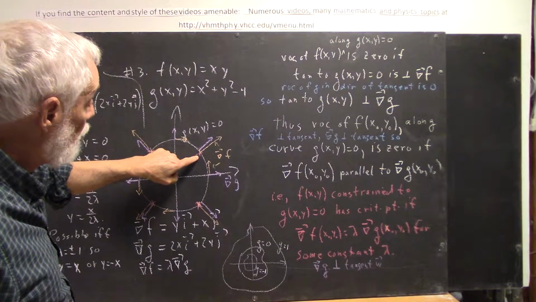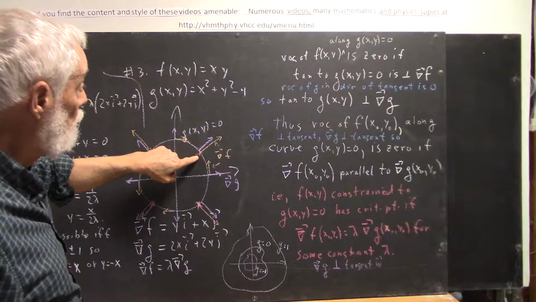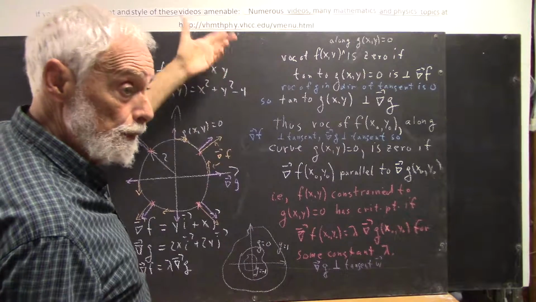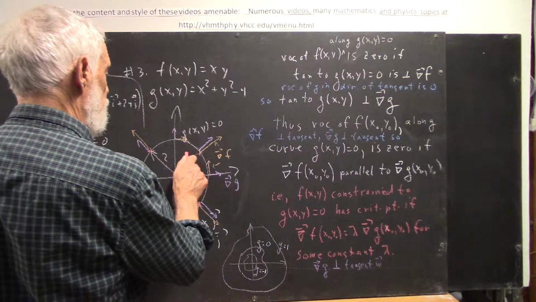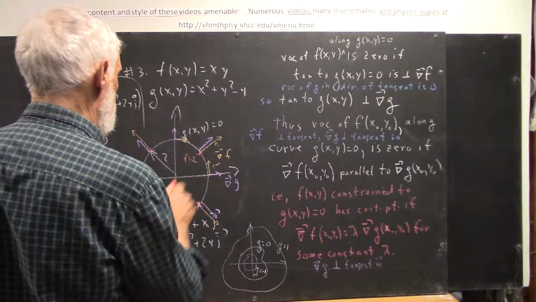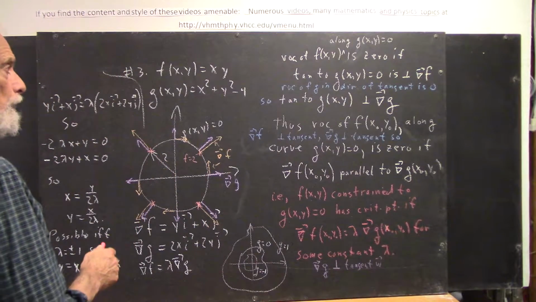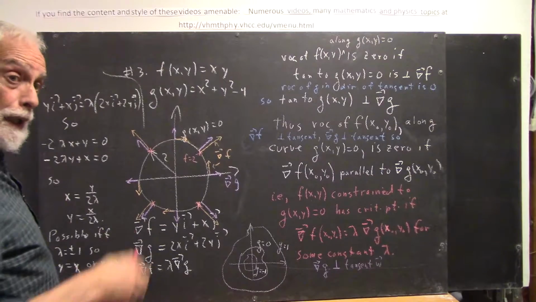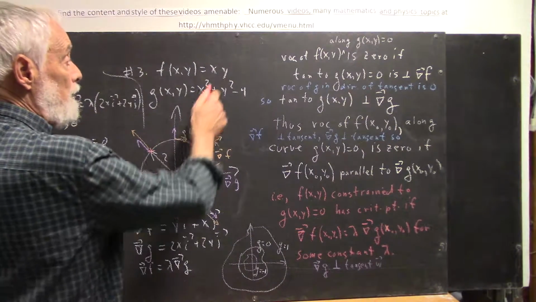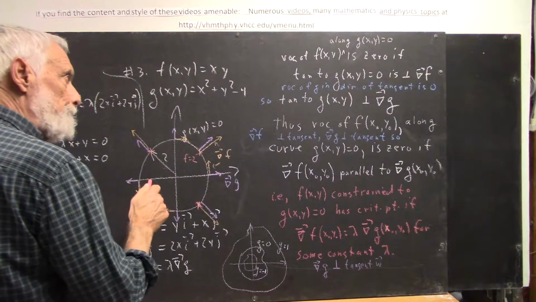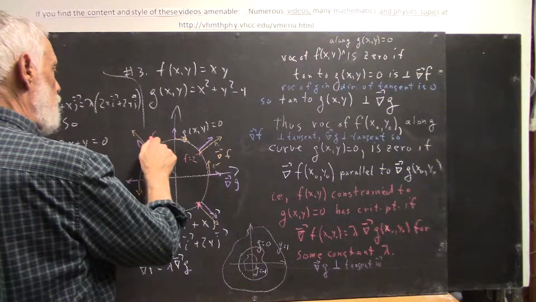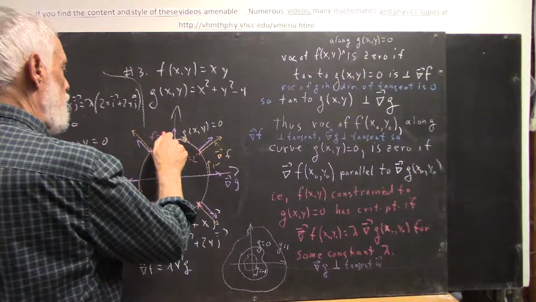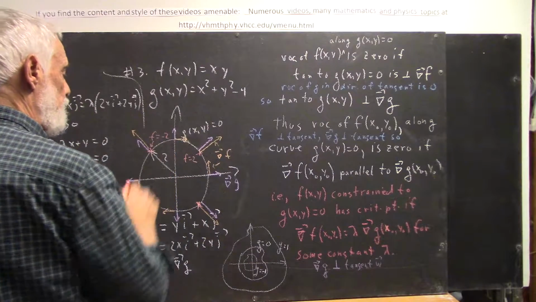Okay, so at this point, x is square root of 2, y is square root of 2, xy is equal to what? 2. So your value of the function here is 2. What about this point? Well, x and y both have magnitude square root of 2, but in this case they have opposite signs, so the value of f is negative 2.